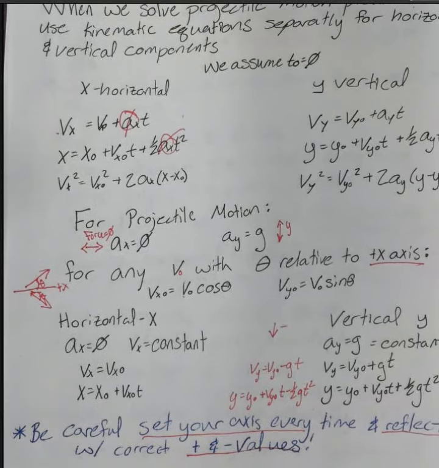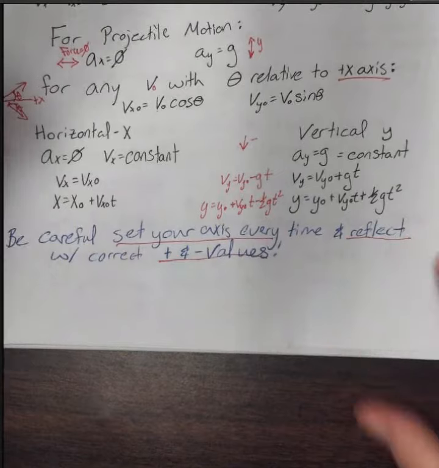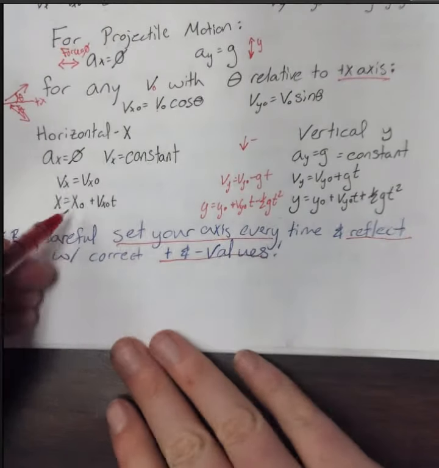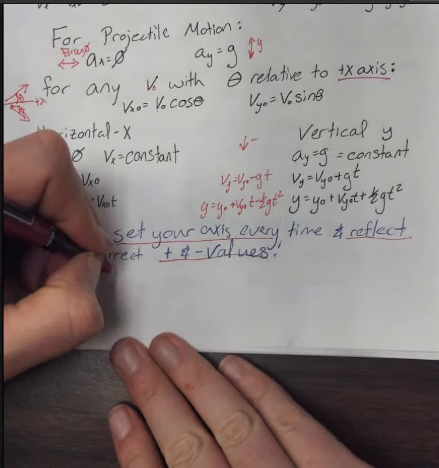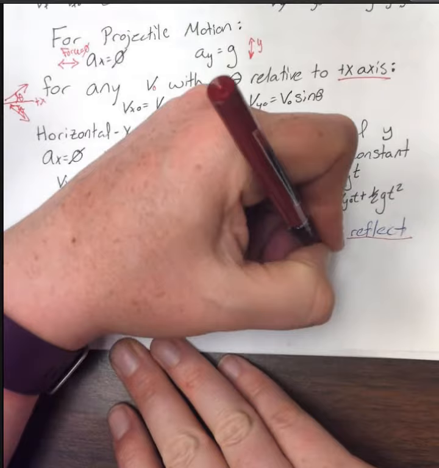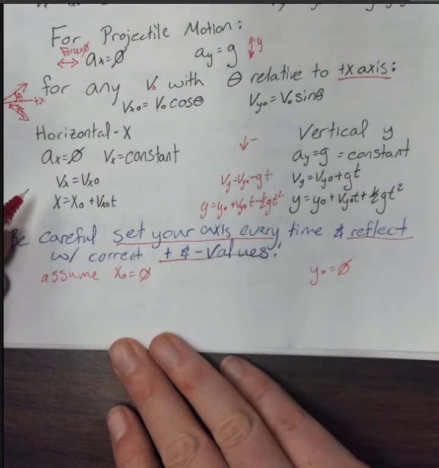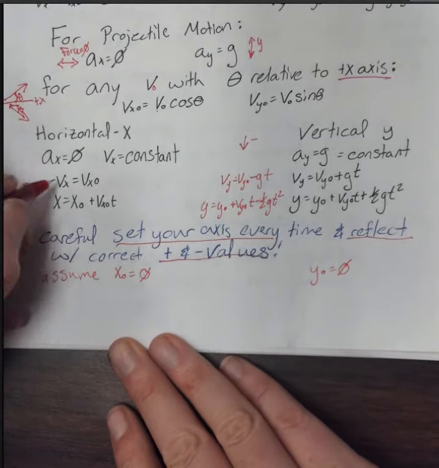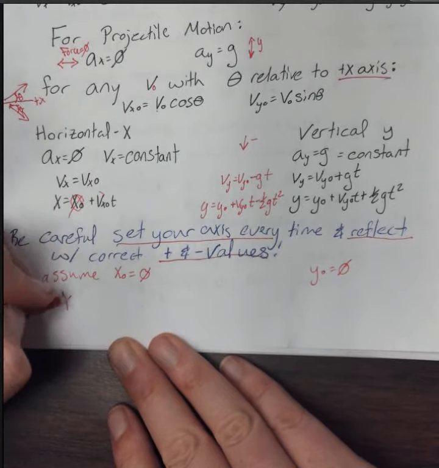We can further simplify these equations if we assume that x naught equals 0 and y naught equals 0. We can simplify these equations even further. For example, this equation up here, x equals x naught plus vx naught t, if that's a 0, then x is just going to equal vx naught t.